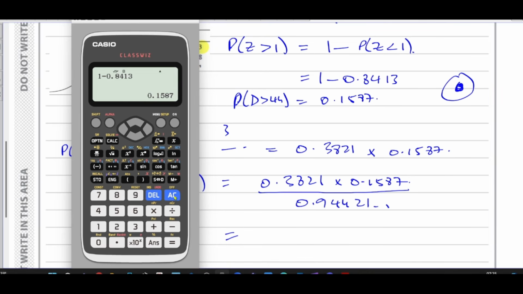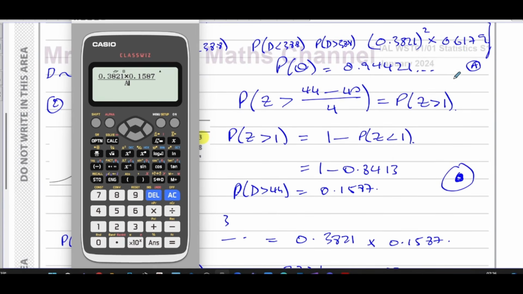So we take 0.3821 multiplied by 0.1587, divided by what I called A, which was the value that we had up here.